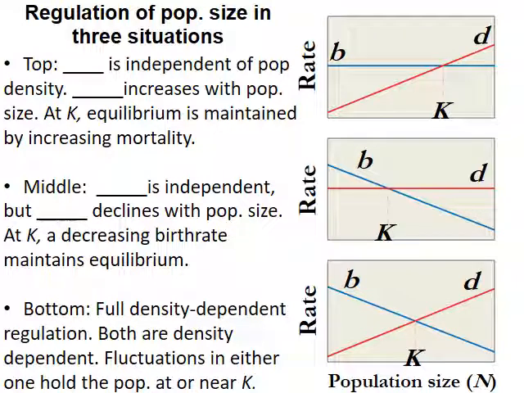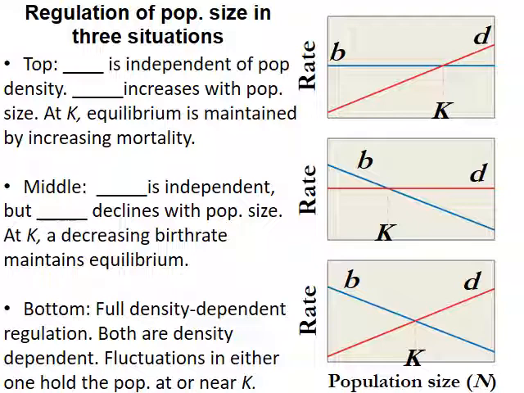Here we've got a death rate that's independent, but a birth rate that declines with population size. So at carrying capacity, a decreasing birth rate is maintaining it. And then at the bottom, we have full density dependent regulation. Both birth rate and death rate are density dependent, so fluctuations in both of these are going to hold the population near its carrying capacity.